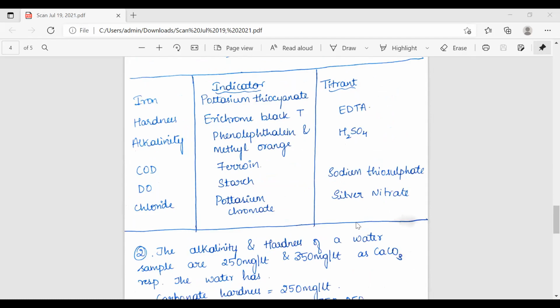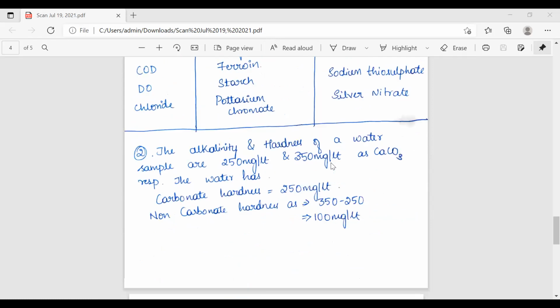The titrant used and the indicator used are asked many times, so I'm discussing only those important things. For iron, potassium thiocyanate; a titrant is not important. For hardness, Eriochrome Black T indicator and EDTA, ethylenediaminetetraacetic acid, as titrant. For alkalinity, phenolphthalein and methyl orange are the indicators.